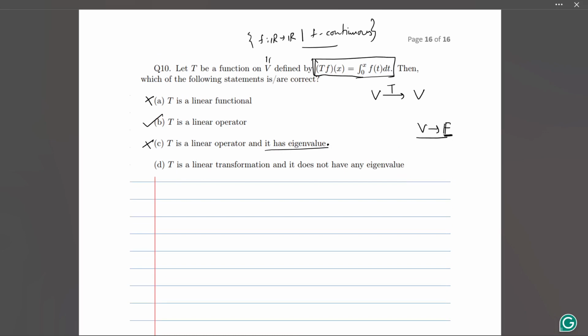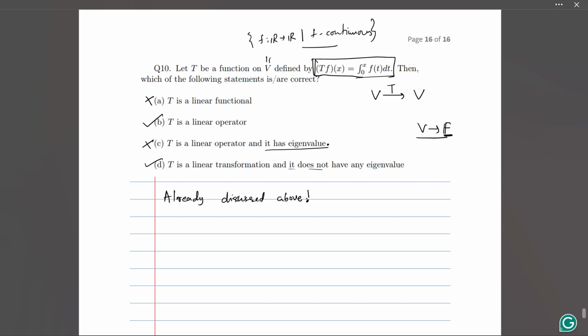So T is a linear transformation, and it does not have any eigenvalue. This is correct, already discussed.